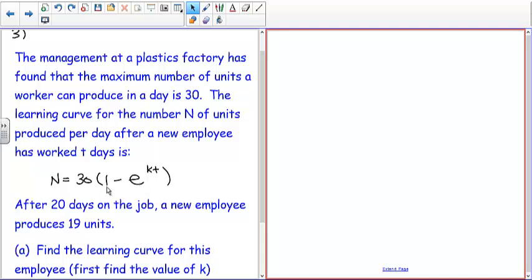What I'm thinking about here is we want this number to go to 30. So as t goes to infinity, this term we want to go to 0, and it does if you take t to the minus very big number.